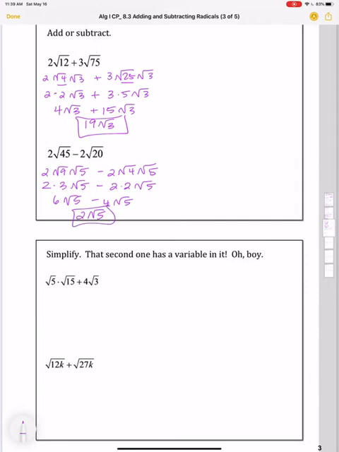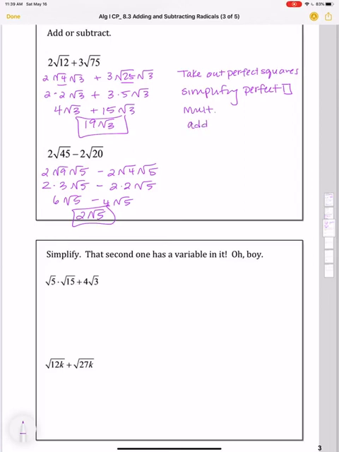So I hope you're getting the pattern. Each step is you take out perfect squares, and then you simplify the perfect squares, and then you multiply those coefficients, and then you add.